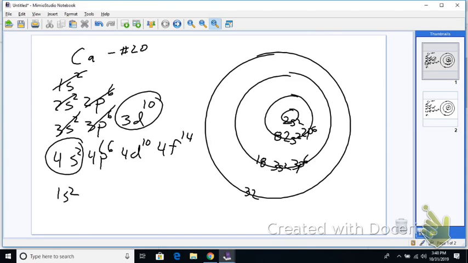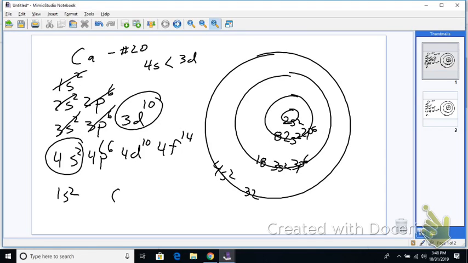The reason why is because their energies are fairly close together. We find out later on that a 4s is less energy for the electron to be in than a 3d. So electrons are lazy and they pick the lowest energy level available. So that's why it's 4s2 for calcium.